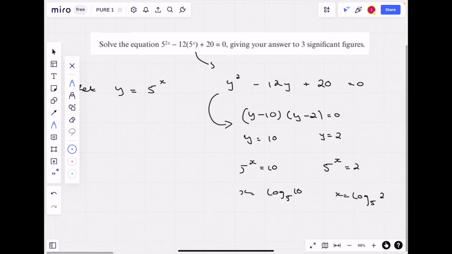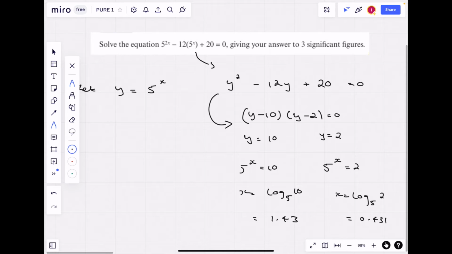Question says to 3 significant figures. 1.43, 0.431. That's what you would get when you plug it into a calculator. That question comes up quite a lot, that format. So if you follow this method, you're going to be fine.